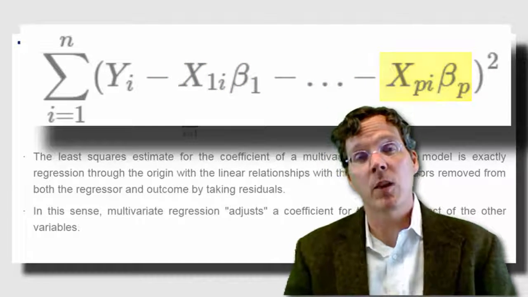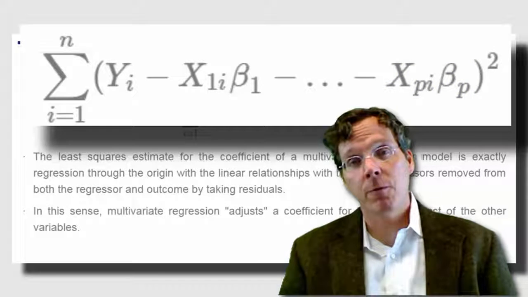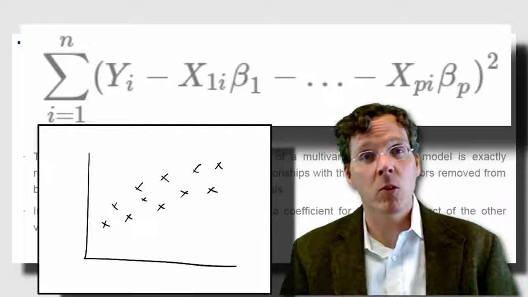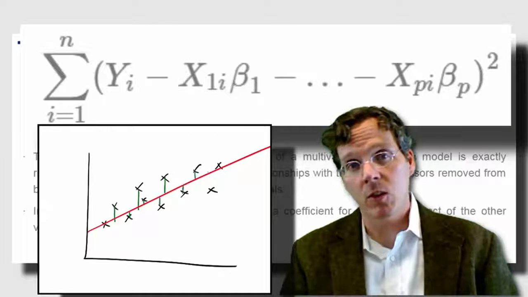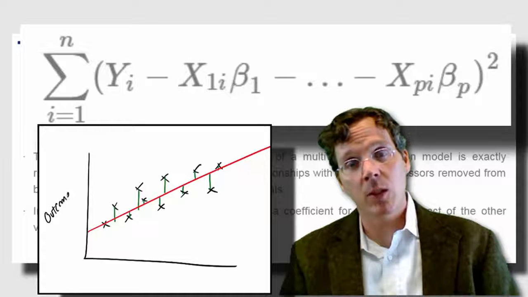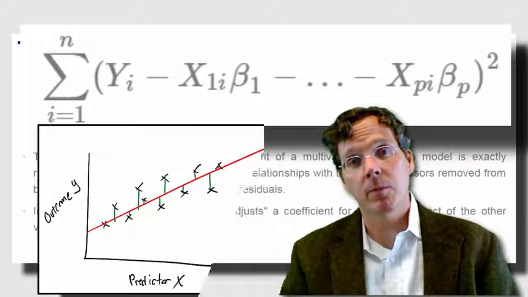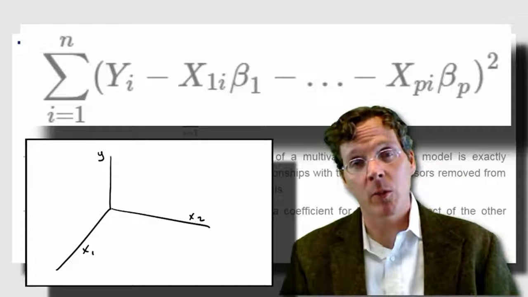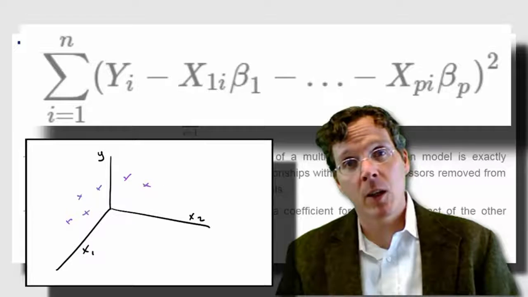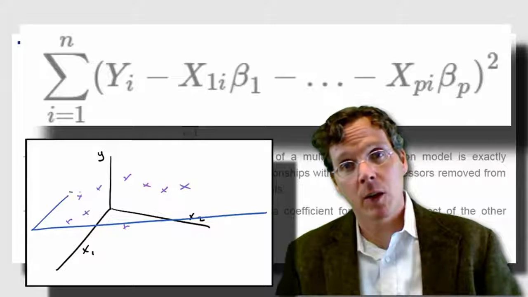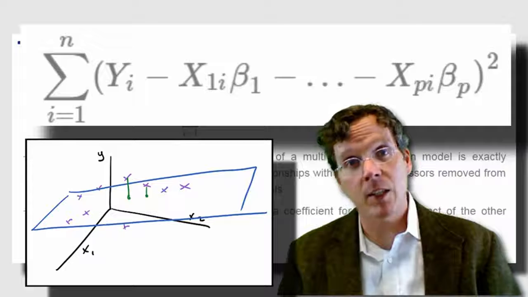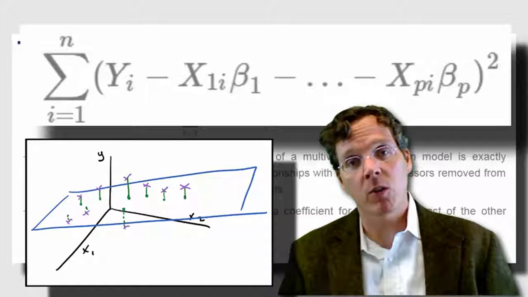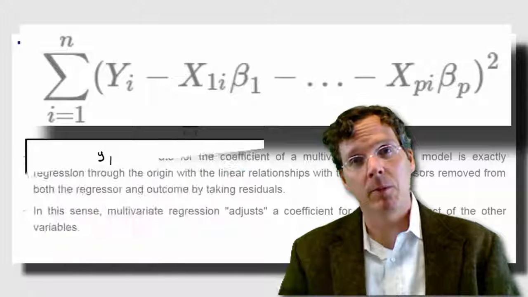If we only have two regressors, an intercept and a slope, this amounts to minimizing the sum of the squared vertical distances between the outcome y's and the prediction on the line. If it's three regressors, an intercept and two regression variables, then the fitted construct is no longer a line, it's a plane, and the least squares criterion is minimizing the sum of the squared vertical distances between the outcomes and the plane.